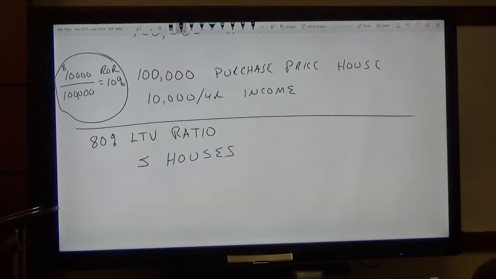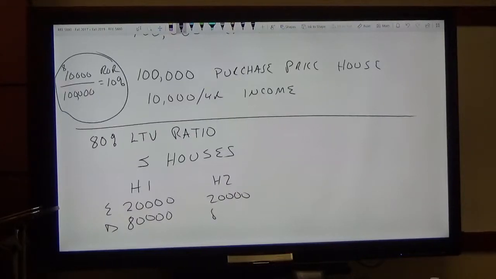Does everybody follow that logic? Because now house number 1 is going to have $20,000 equity, $80,000 debt. House number 2, same thing. House number 3, same thing. House number 4, same thing.